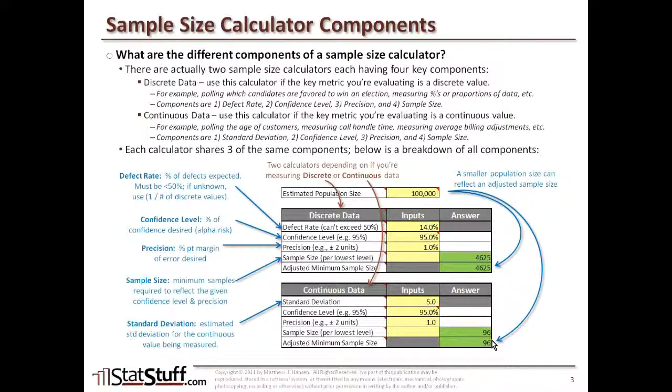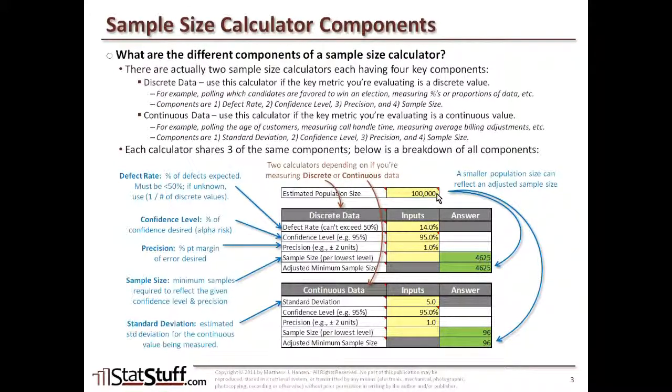But if you get beyond a certain point, for example, in this example here we've got 100,000 noted as our estimated population size, and if you notice, both the sample size and the adjusted minimum sample size are equal in both of these calculators. Well, now I can add extra zeros to this population size. Instead of 100,000, I can make it 1,000,000, 10 million, 100 million, or a billion, or a trillion. It doesn't matter.